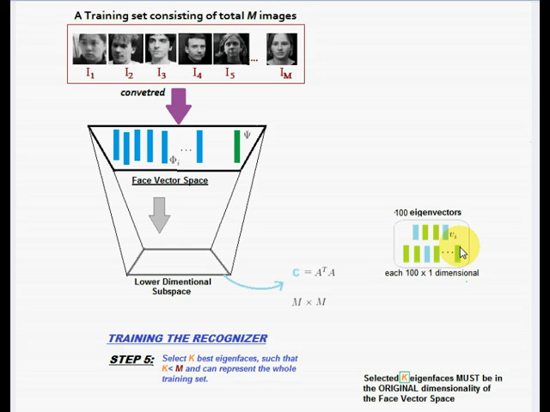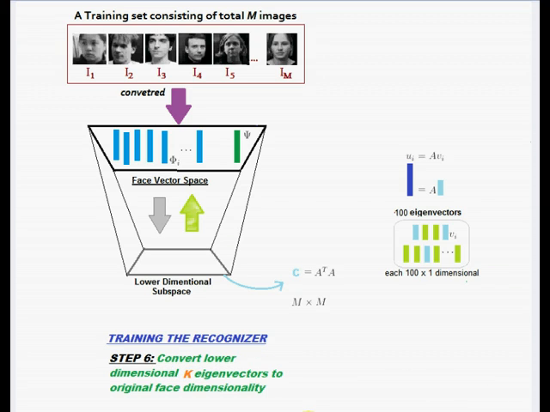Now, one thing more: the eigenfaces must be in the original dimensionality of the face vector space. So finding the significant K eigenfaces from this set isn't enough. We need to map them back to the original dimensionality, that is 2500 by 1, from 100 by 1.